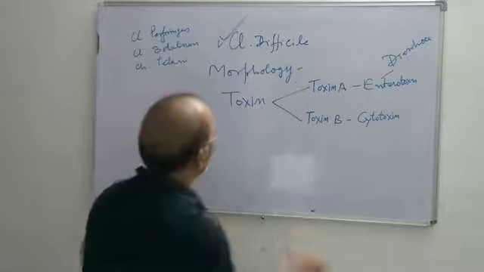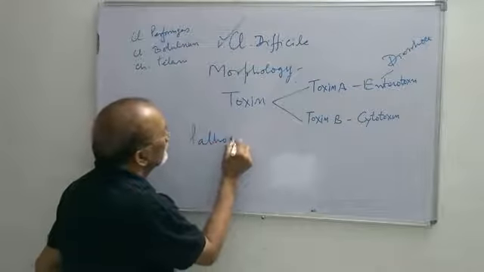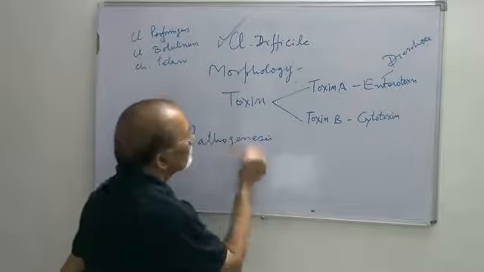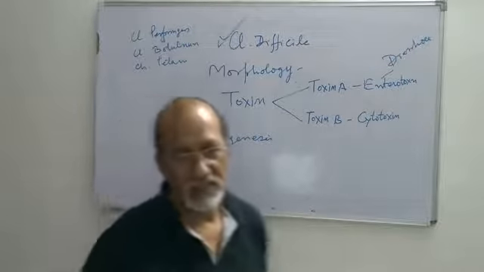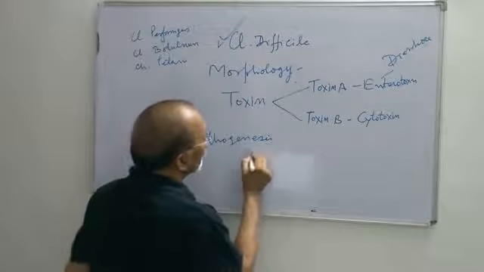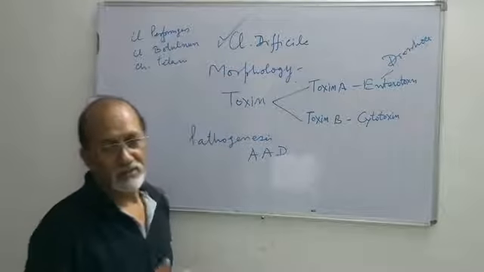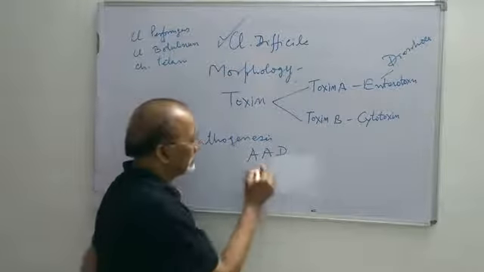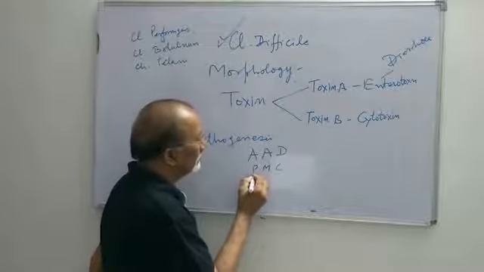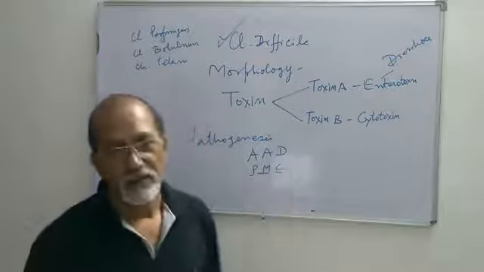Now we will talk about the pathogenesis. Clostridium difficile is the probable cause of antibiotic associated disease, and second one is PMC, that is also known as pseudomembranous colitis.